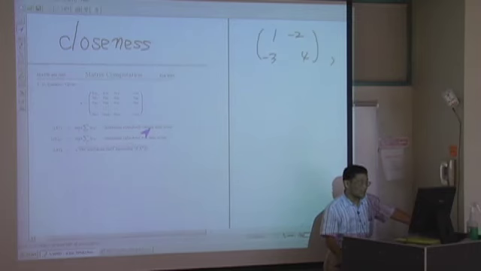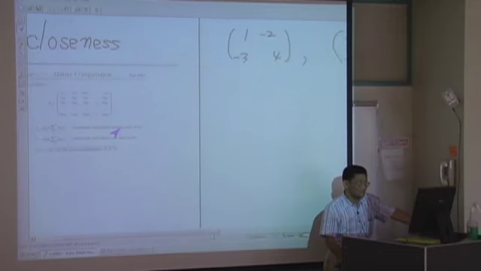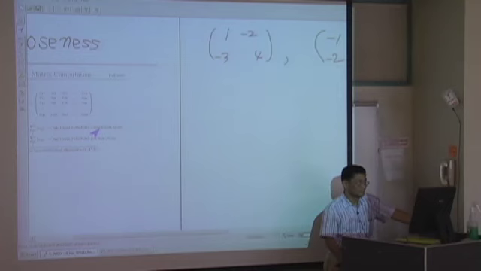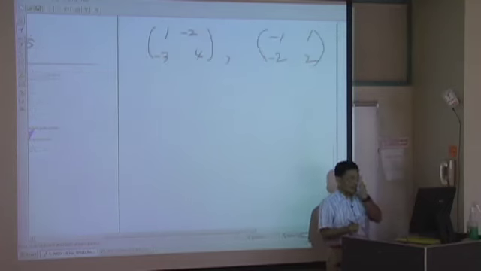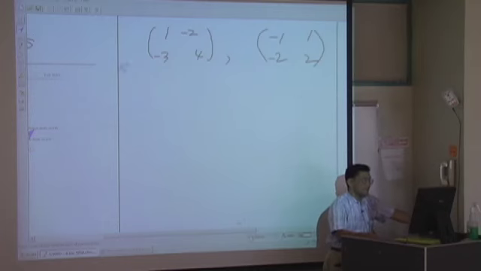So let's add columns. If we add columns with absolute values, what is the column sum? And what is the column sum?